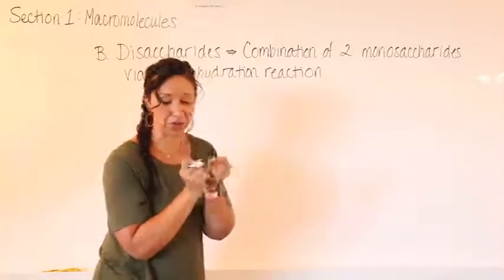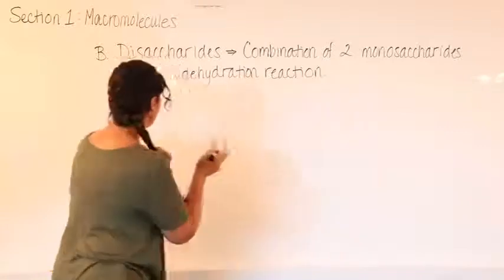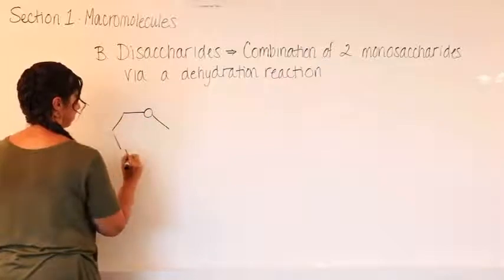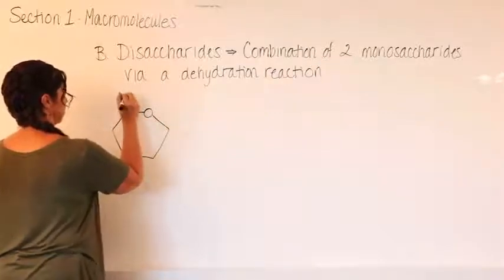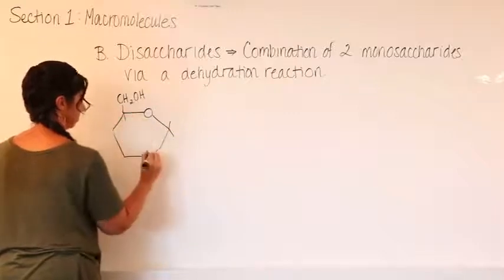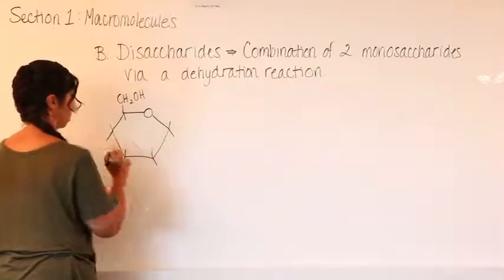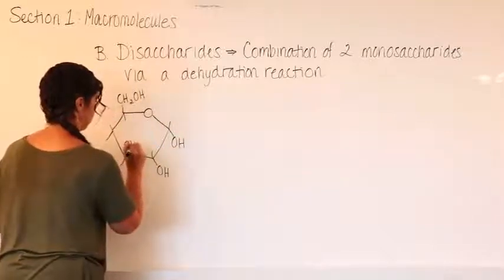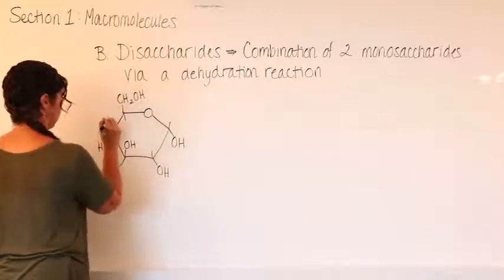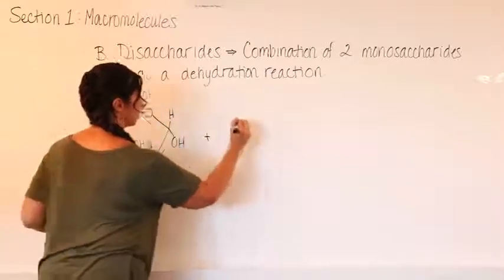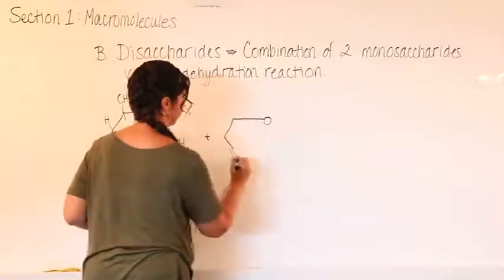So we're going to put 2 glucose monomers together. So let's draw 2 glucose rings. And draw another one, so we can put them together.